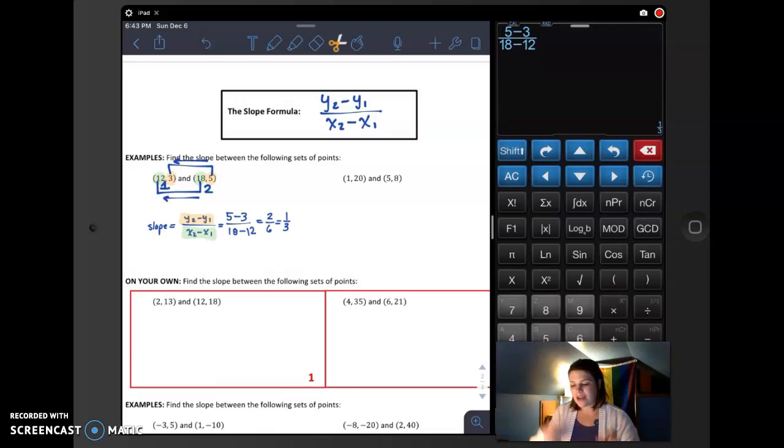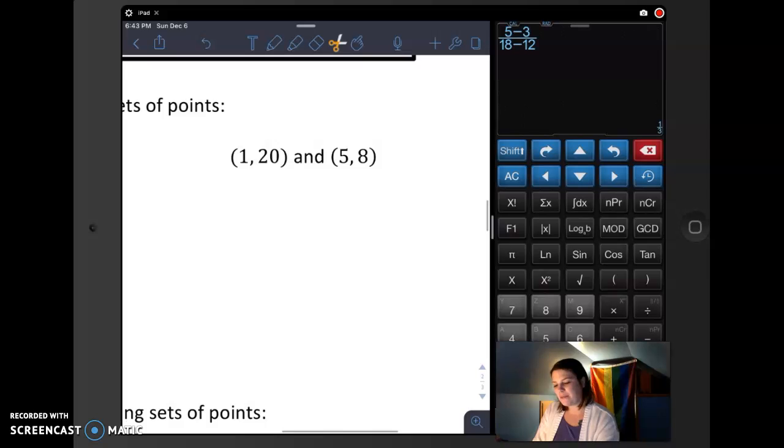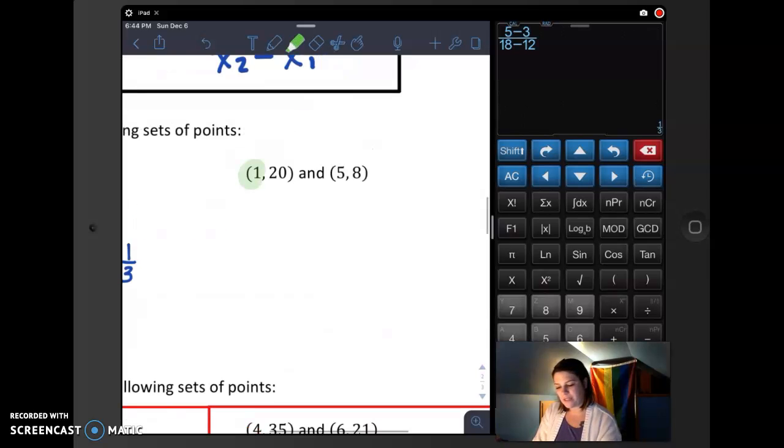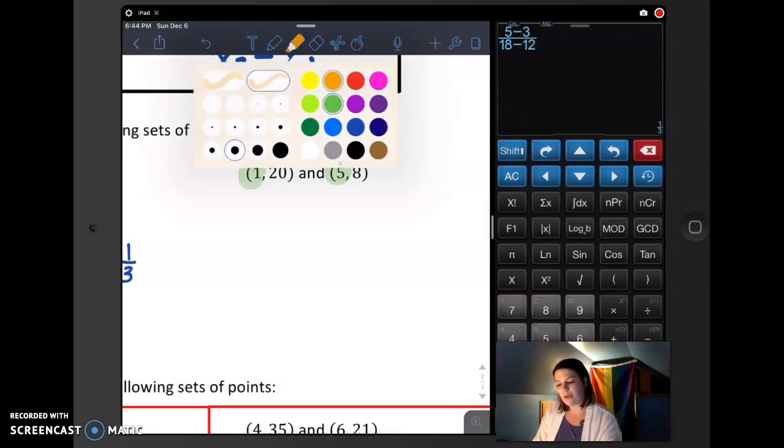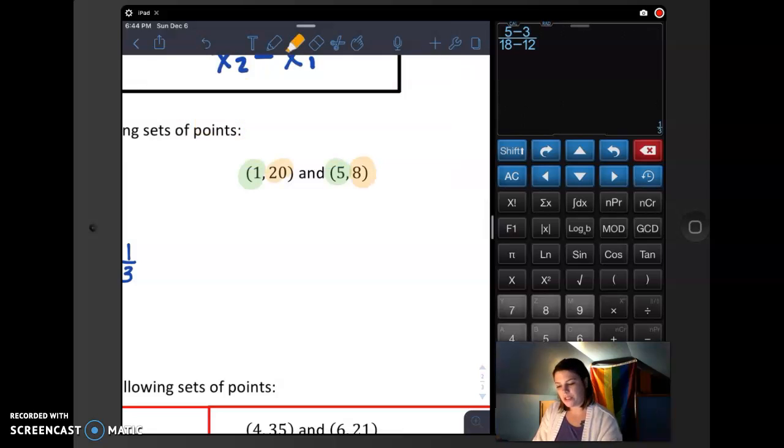Okay, so I'm going to do that again, and I'm going to use that same strategy. I'm going to highlight my x's in green, so the first part of the point is in green. I'm going to highlight my y's in orange. And then instead of writing out the whole formula, because I think sometimes the formula can be a little confusing, I'm just going to pre-highlight orange on top, green on the bottom.